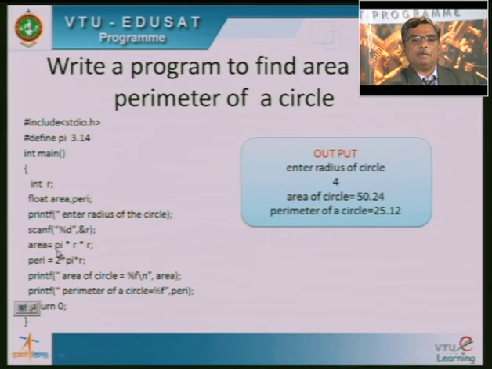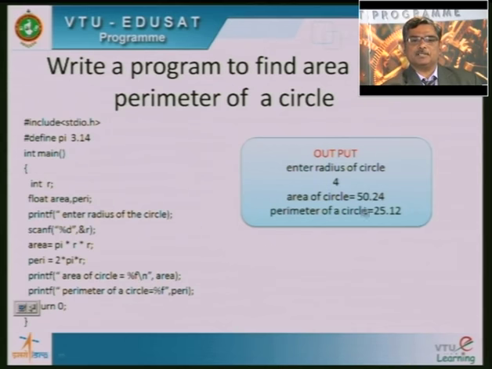This is how a mathematical statement is converted into a programming statement. These are the differences that you have to observe between the mathematical statement and the programming form. Perimeter 2 pi r is the formula: 2 into pi into r, semicolon. The calculation part is over. Next, area of circle equal to %f, and in this position the area is printed.